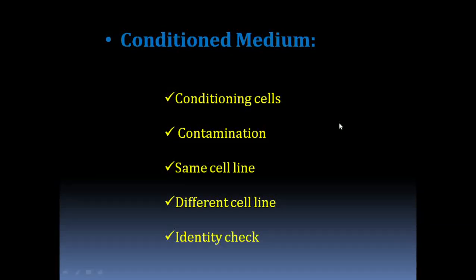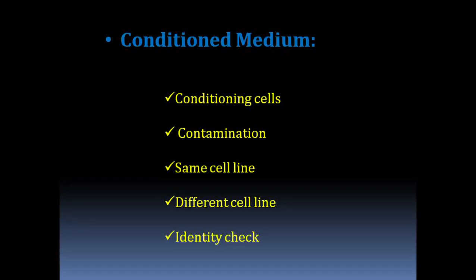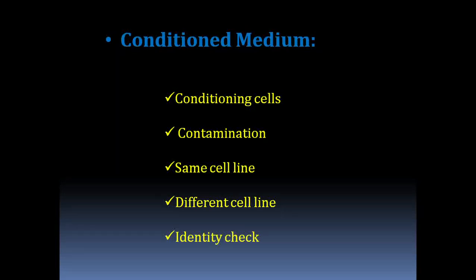The medium that we are going to use for cloning is conditioned with a conditioning medium. During their growth and propagation, the conditioning cells withdraw certain constituents and secrete certain metabolites into the medium itself, right?